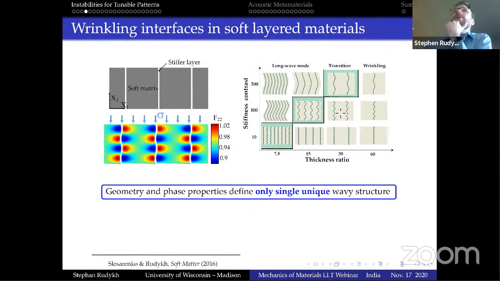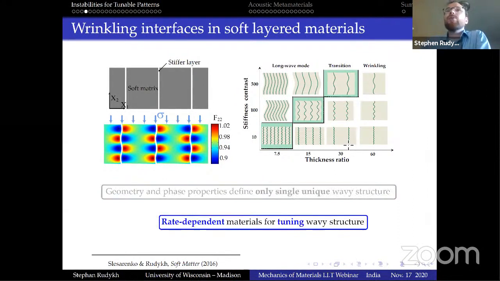But since soft materials are inherently inelastic, we can use this inelasticity to actually try to travel within this map. And so that's what we try to illustrate here, the use of rate-dependent behavior of soft material, so that we can try to tune this wavy structure upon instability.